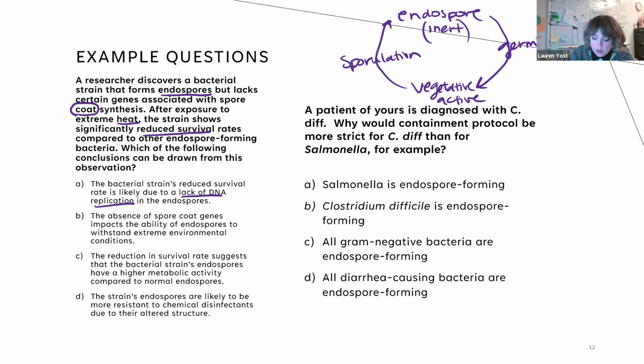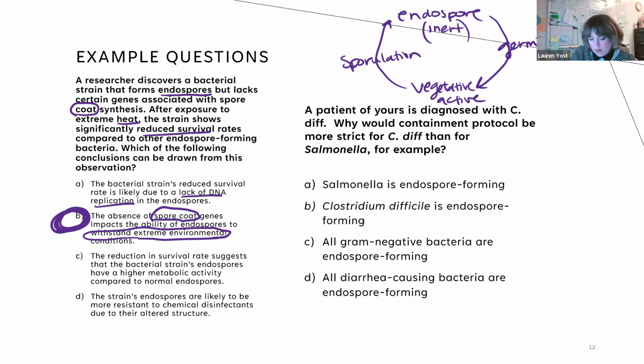The absence of the spore coat genes. Because we can't make a proper spore coat, this impacts the ability of the endospore to withstand extreme environmental conditions. Because we don't have the spore coat properly, we can't survive extreme conditions like too hot or too dry. This seems like our best answer so far.